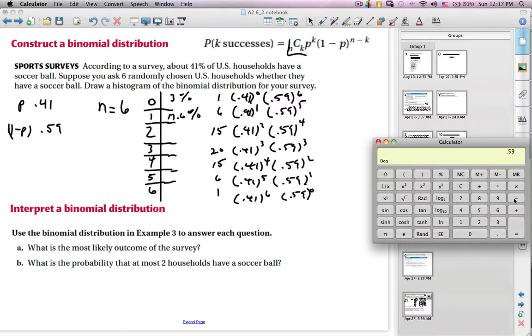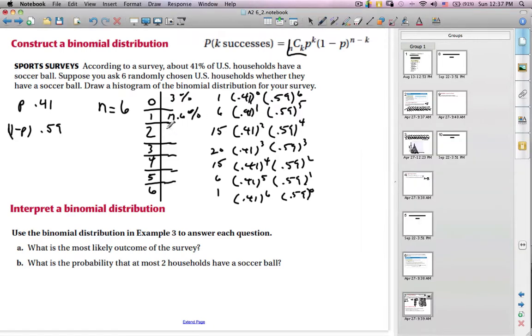So 0.59 to the 4th power times, and let's use parentheses, 0.41 to the 2nd power, close parentheses, times 15 equals 30.55%, or 30.6%.